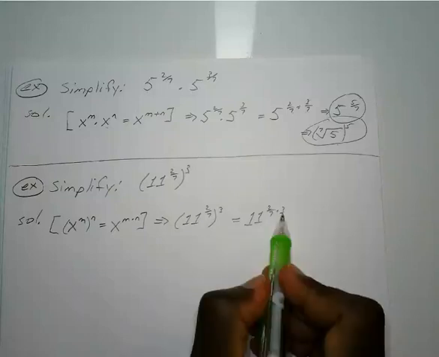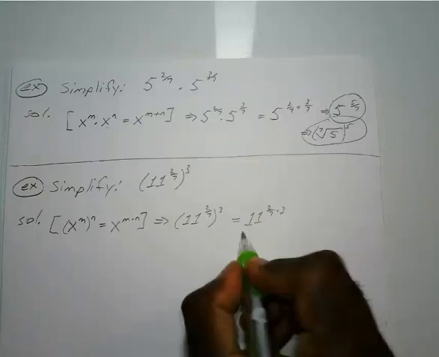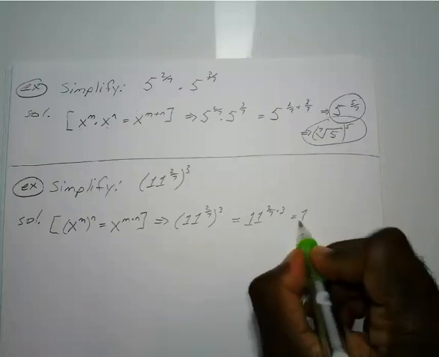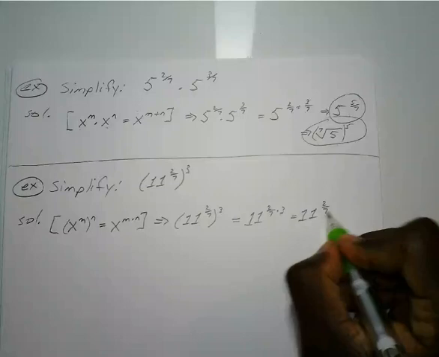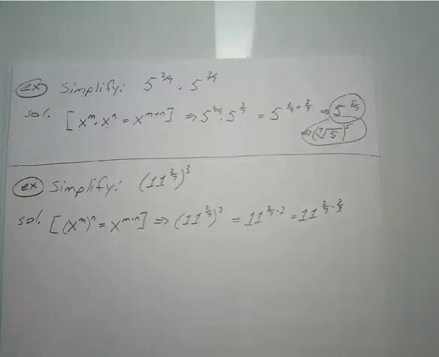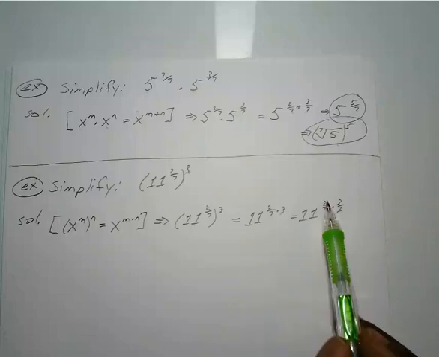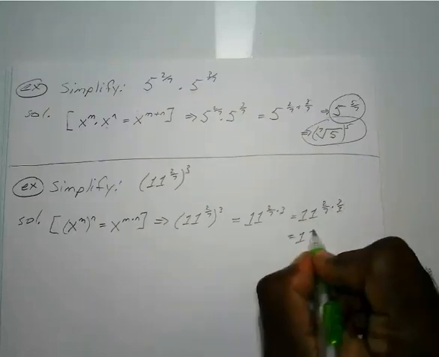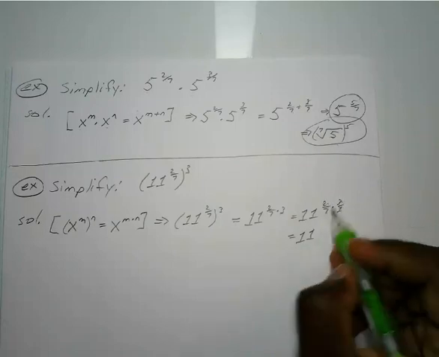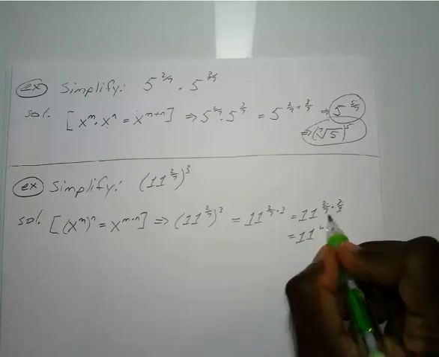So that's 11 to the 2/7 times 3/1 power. And remember, when you're multiplying fractions, you just multiply your numerators and your denominators. So 2 times 3 is 6, 7 times 1 is 7. So 11 to the 6/7 power.